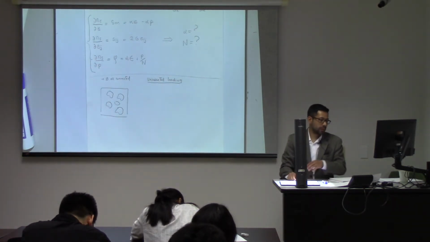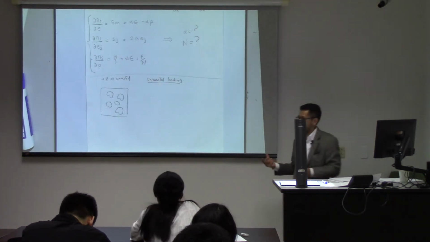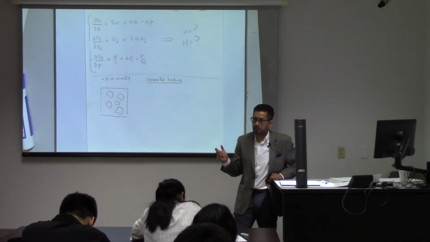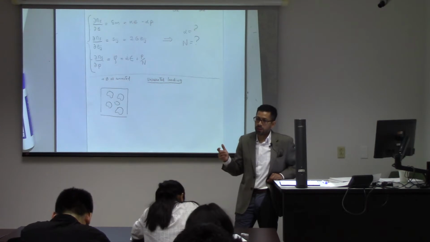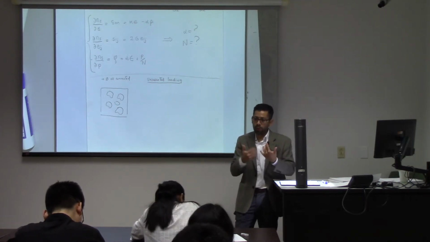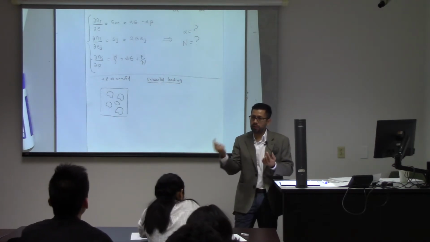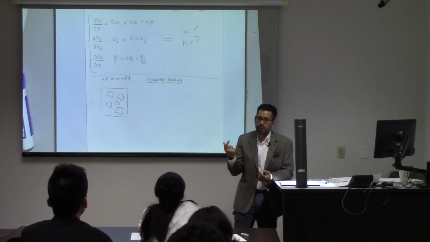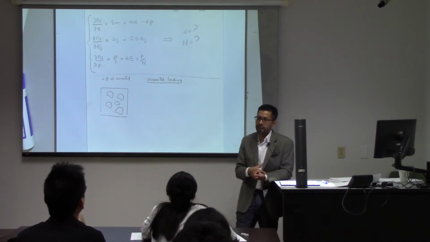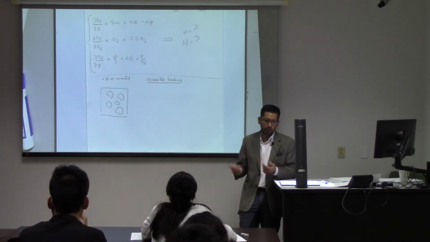I forgot to bring a rock sample, but usually when we run tests with rocks or soils and we want to have a different stress from the pore pressure, we put a membrane around it. Some people also call that membrane a jacket.